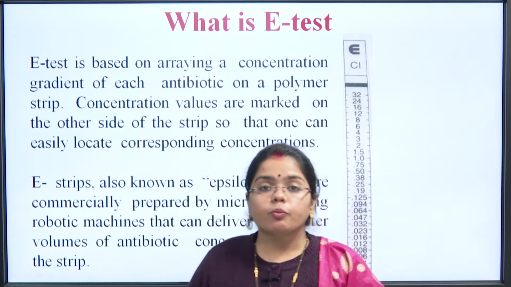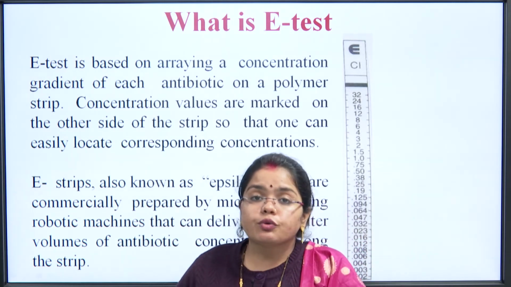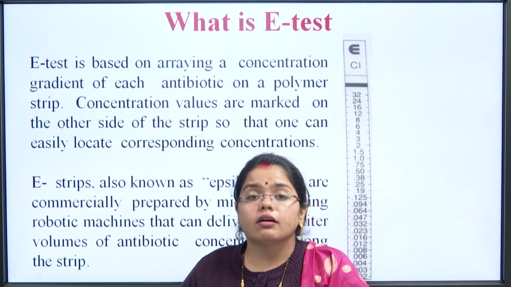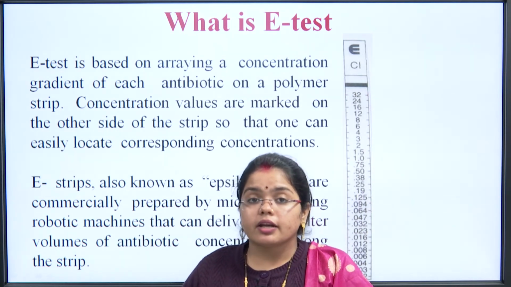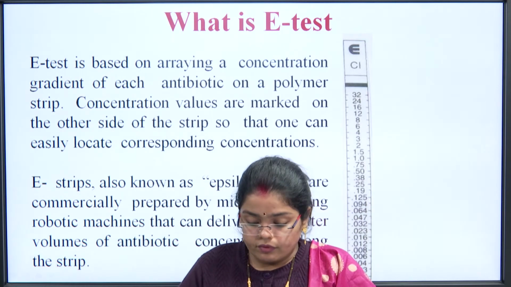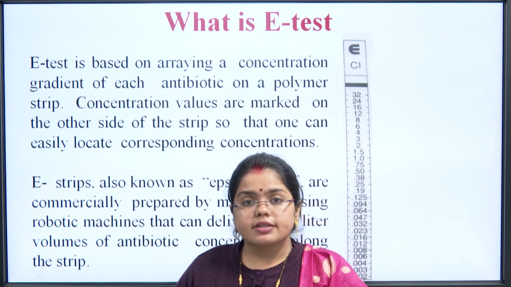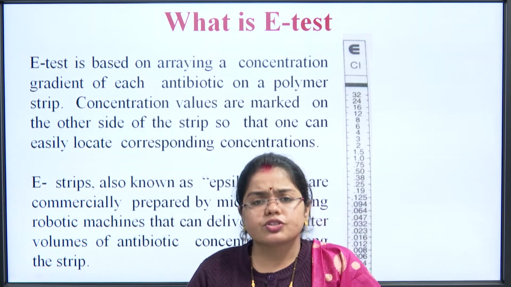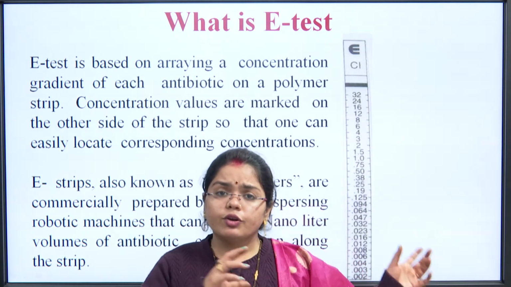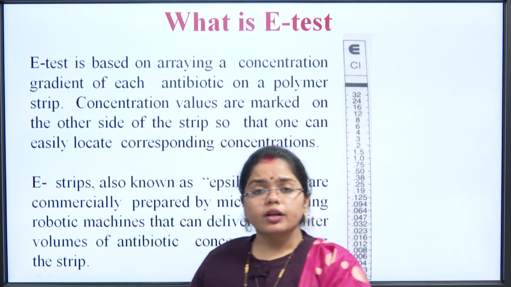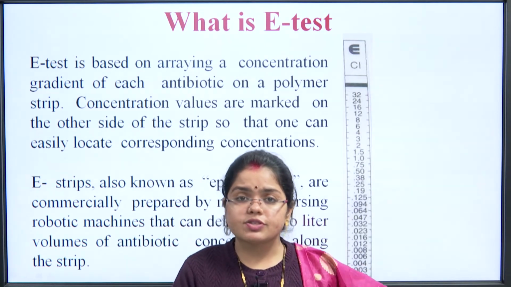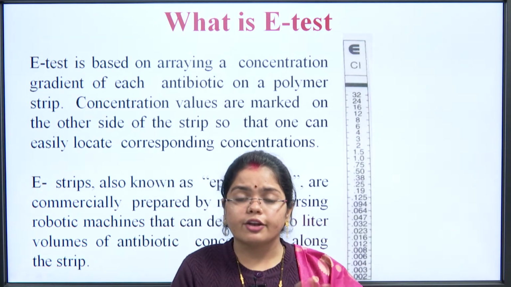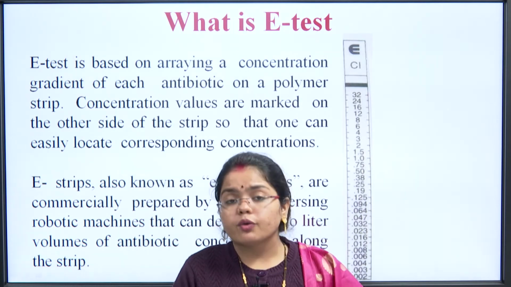So, this is the epsilometer. This is the test we use for assessing the efficiency of an antibiotic or a particular antibacterial agent. Before the E-test, we discussed MIC, minimum inhibitory concentration, and different tests. We were doing the tube dilution method and the agar plate method. In tube dilution, the liquid broth was there, cells were suspended in it, and the antibiotic dilution was done to find out the MIC.